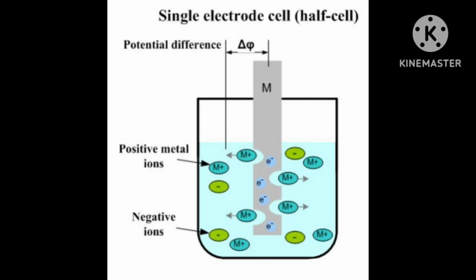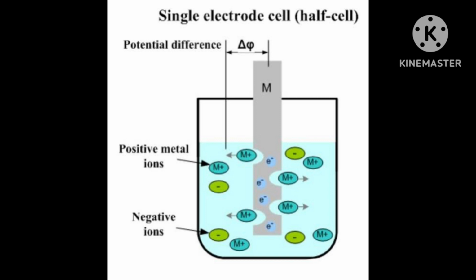Oxidation potential will also be given in terms of reduction potential. Then the right hand potential will be known, the left hand potential will be known, and you can calculate very easily, only subtraction you have to do.